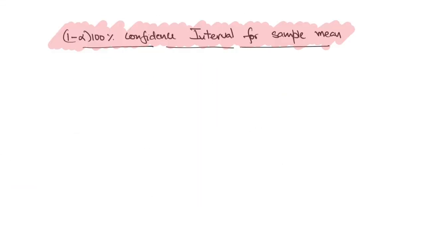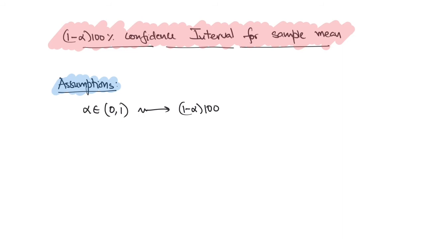We now move to understanding 1 minus alpha times 100% confidence intervals for the sample mean. The assumptions are that alpha lies inside the interval 0, 1, and 1 minus alpha times 100 denotes the confidence level.